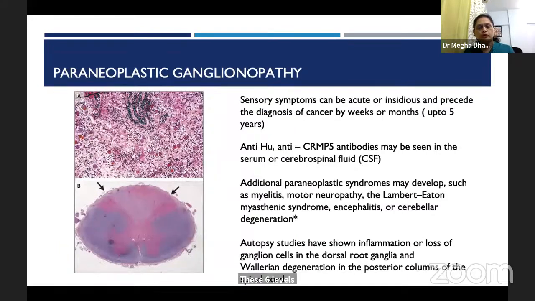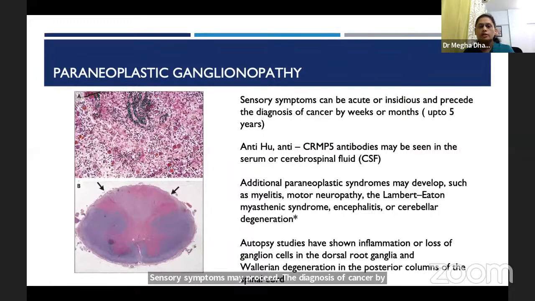Let's talk about a few of these sensory ganglionopathies. Amongst the paraneoplastic ganglionopathies, the commonest one, as we said, is small cell lung cancer. Sensory symptoms may precede the diagnosis of cancer by weeks or months, sometimes up to 5 years.